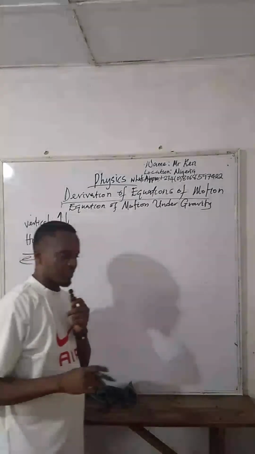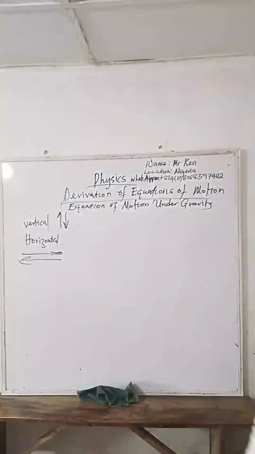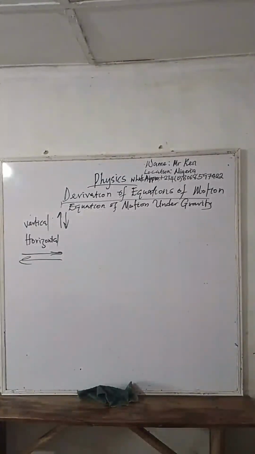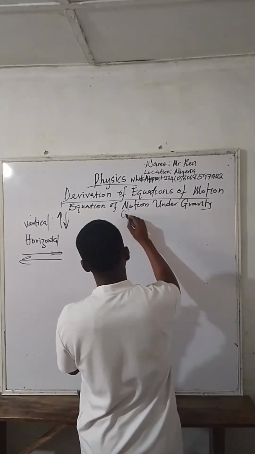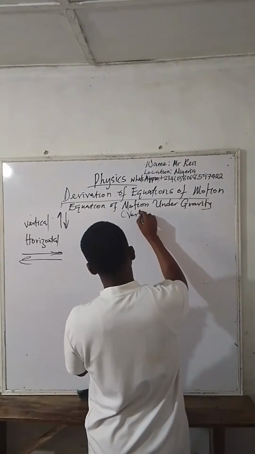Shey dey follow? So for equation of motion under gravity, we are looking at whether you are throwing an object downward or throwing it upward. This type of motion is what I refer to as vertical motion.